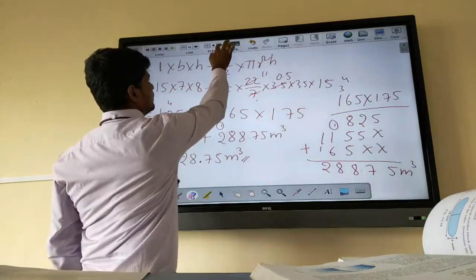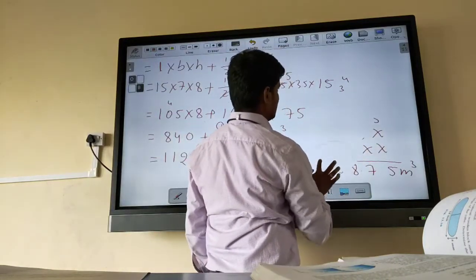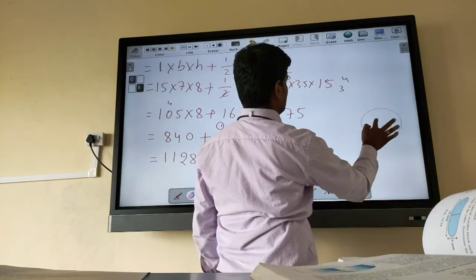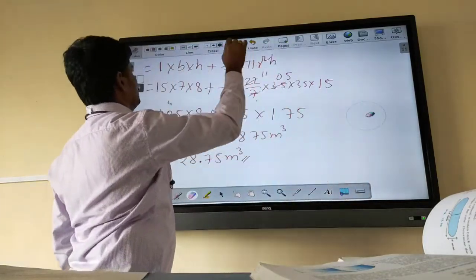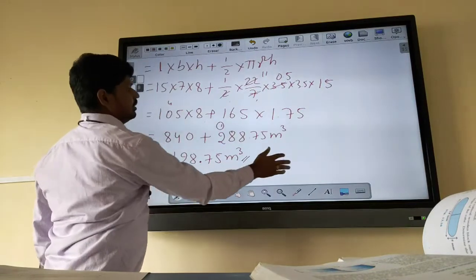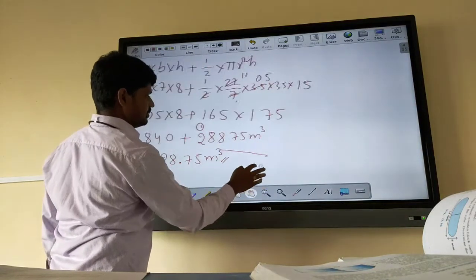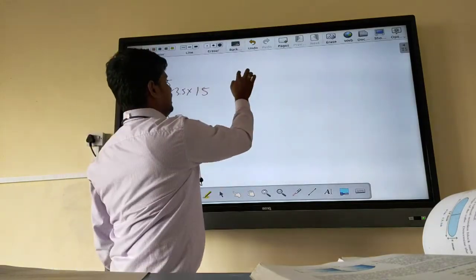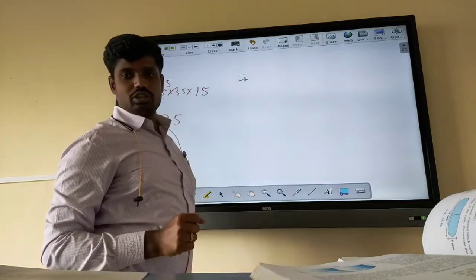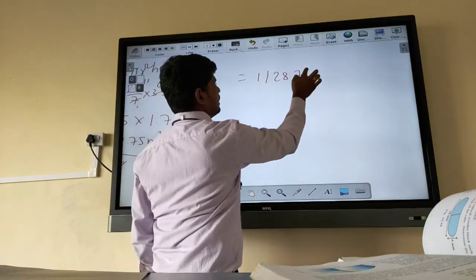See, children. Observe all of you. Already we found the total volume. What is the total volume, children? 1128.75 meter cube.